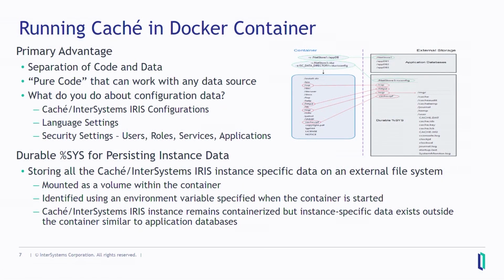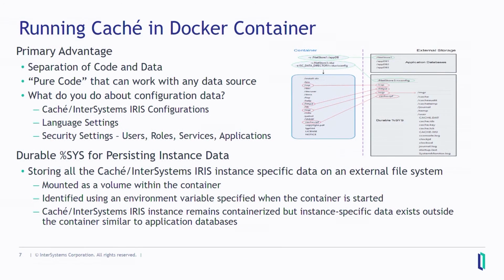One of the principal ways of working with containers is that you are always looking at how to separate code from data, because you want your container to be just a placeholder or the storage for your code. And that's how we provide this durable %sys feature, which allows you to use a volume within your OS, which gets mounted when you run your Docker container and is accessible within the container as well.